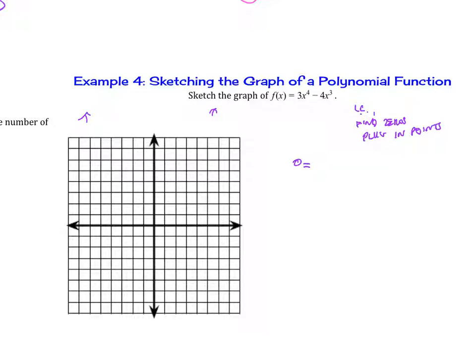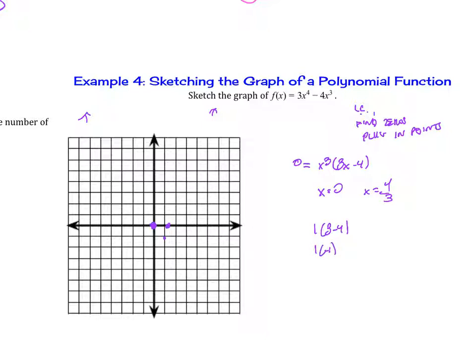So we set it equal to 0. We can factor out an x cubed, so we have 3x minus 4. So we know that our zeros are at 0, and also at 4/3. So 0 and 4/3 are here, and we can plug in some points. If I plug in 1, that's 1 times 3 minus 4, so it's 1 times negative 1, or negative 1.